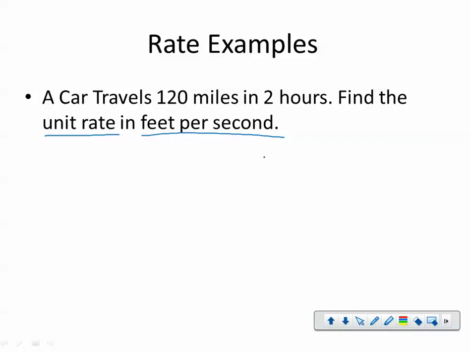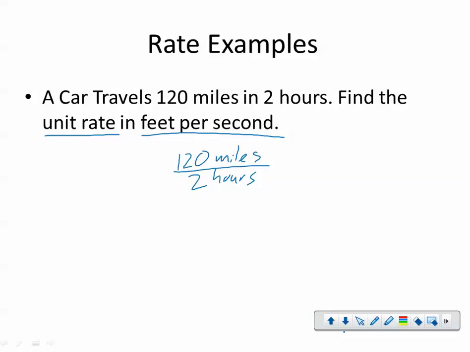So I went 120 miles in 2 hours. That's 120 miles per 2 hours, right? Well, if I'm trying to find the actual feet per second here, I need to convert miles to feet, and that's a lot of feet.